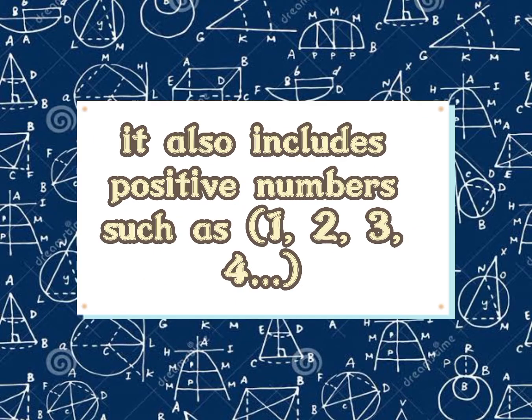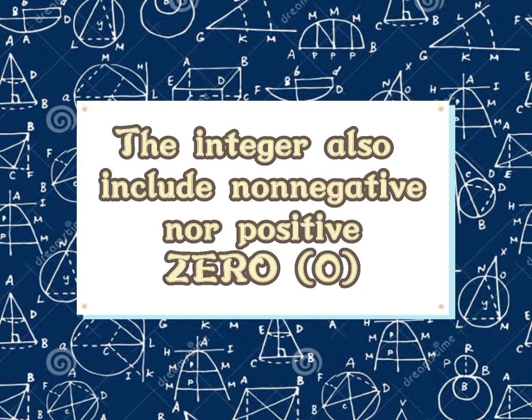It also includes positive numbers such as 1, 2, 3, 4, and so on. The integers also include the non-negative, non-positive 0.